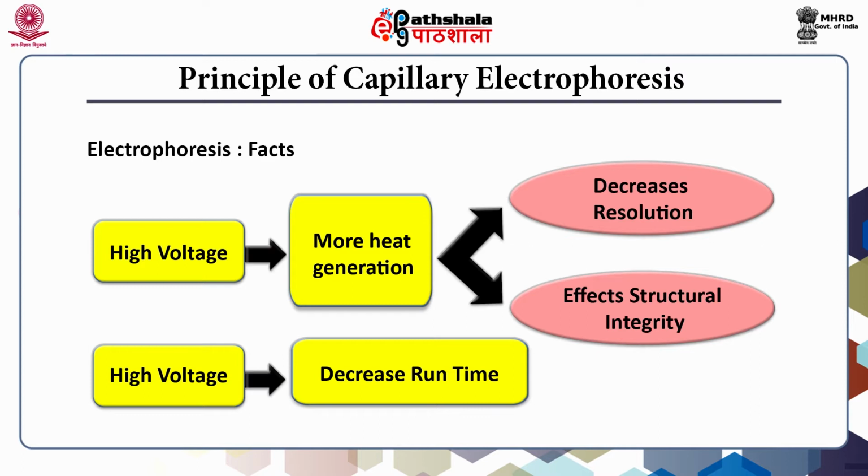This problem can be resolved by performing the electrophoresis in thin capillaries having a small internal volume and large surface to volume ratio. Therefore, heat generated in such capillaries during the electrophoresis can be dissipated efficiently.